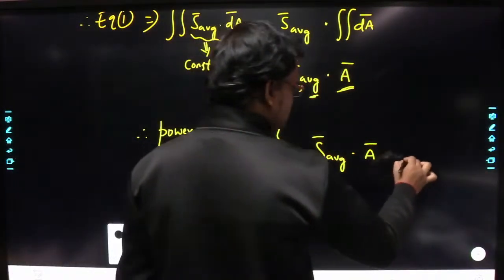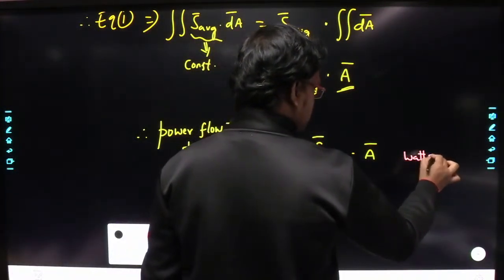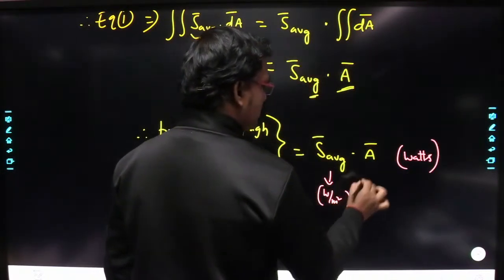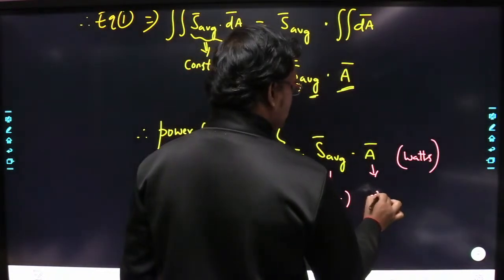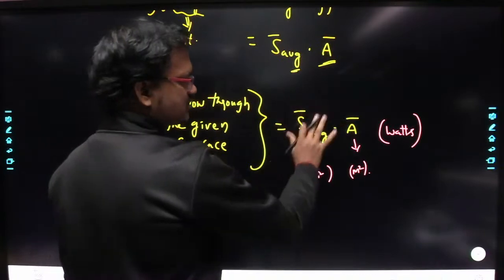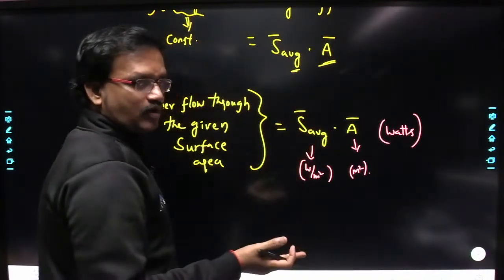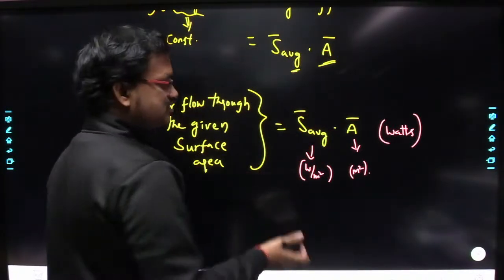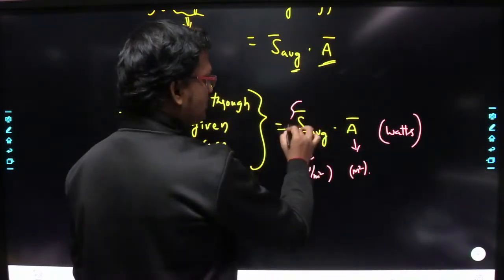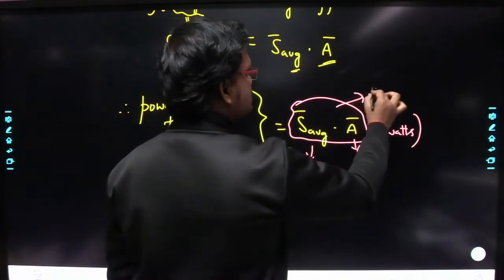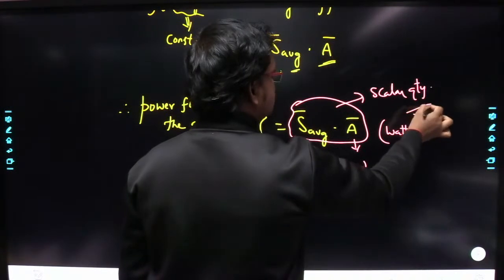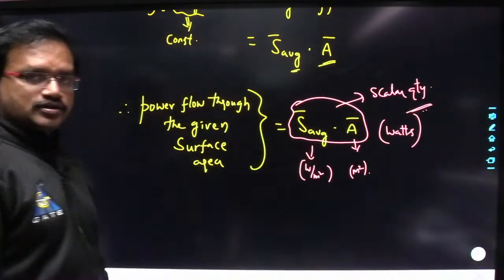For S average the units are watt per meter square, and for the area the units are meter square, so the result is in watts. And the power flow through a given surface is a scalar quantity, since the result of a dot product is a scalar. These are the things you have to observe here.